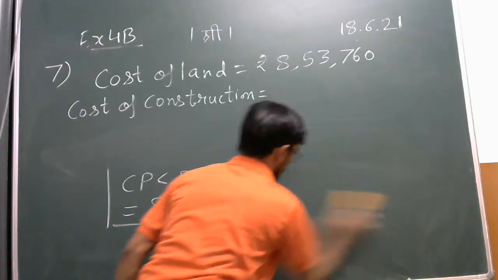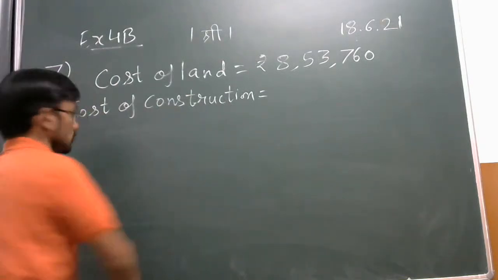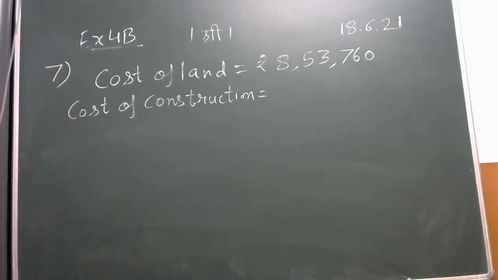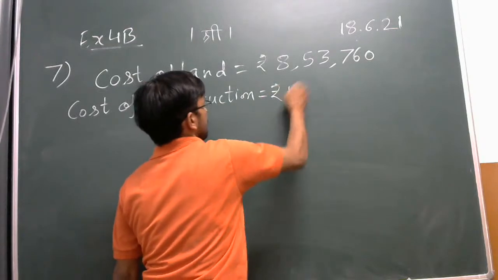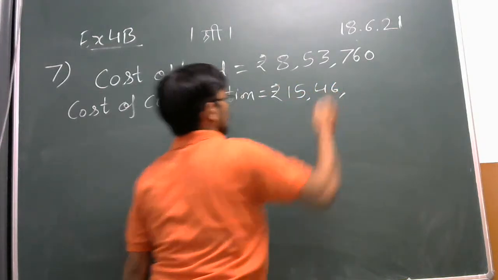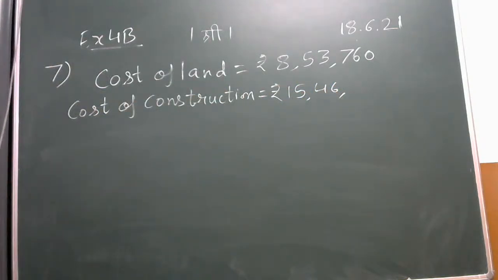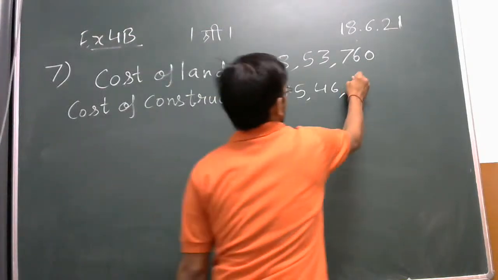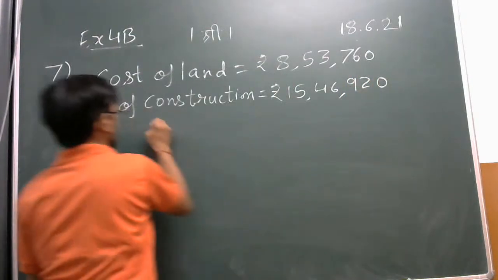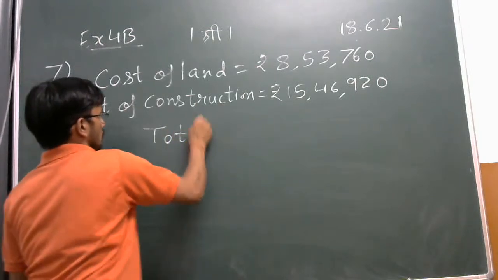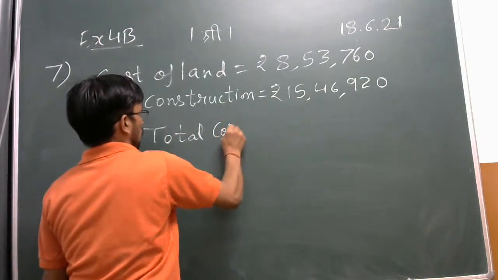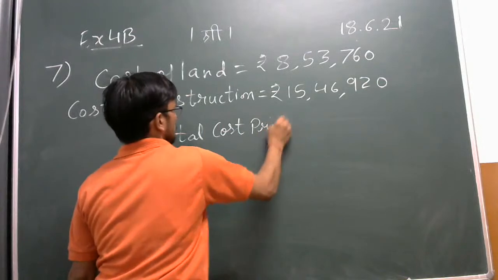Fine, he purchased the land and then using cement he constructed his house. It cost rupees 1546,920. Fine. Can anybody just tell me what is the total cost price?